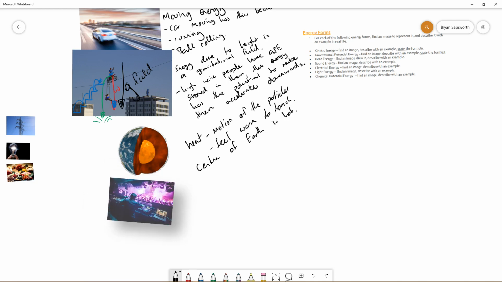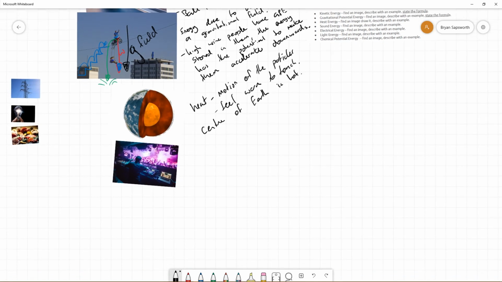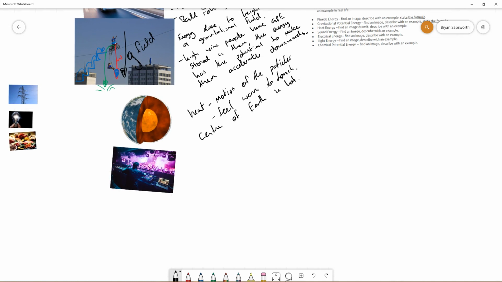Okay, next one here, let's move the whole thing up. We've got light energy, oh no, sorry, sound energy. What's that one? Well, it's energy due to the motion of air molecules.